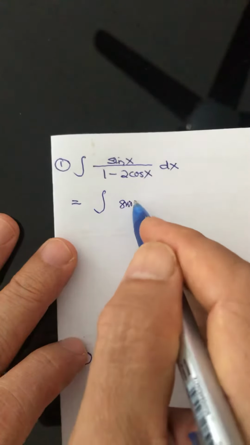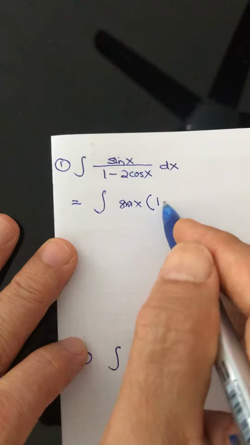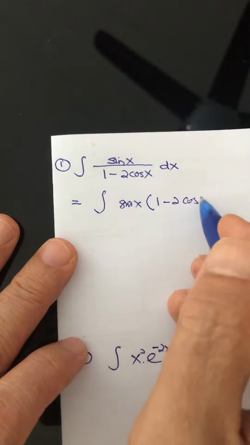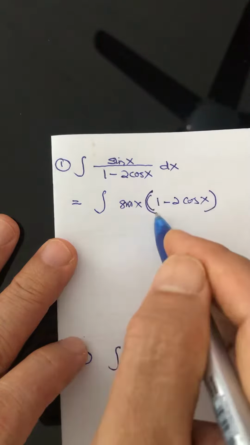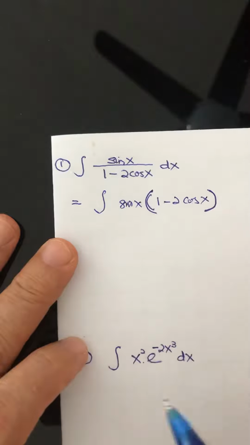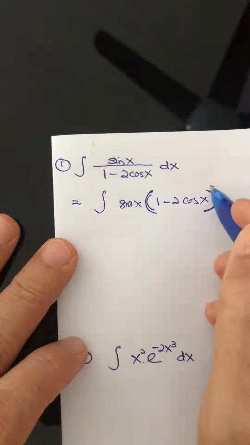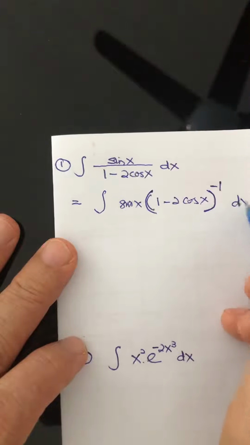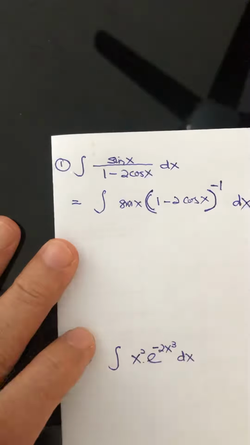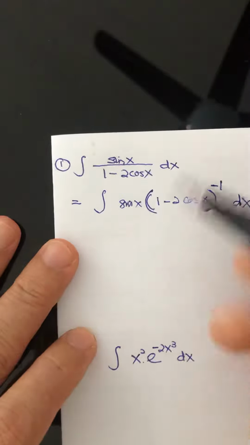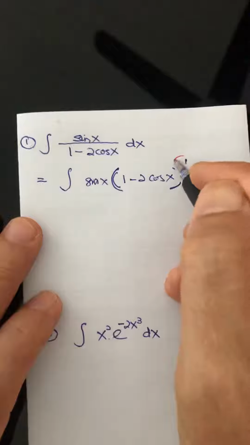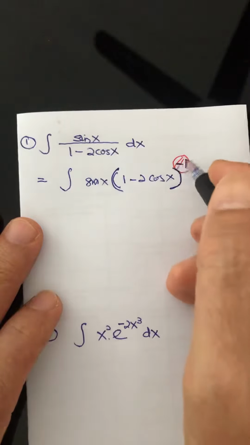Sine x over 1 minus 2 cos x. Definitely you have to put the bracket, isn't it? How can you write without the bracket? Then it's negative 1. Am I right? So now you look at this. Outside the bracket, this negative 1 is the function that you want to change.